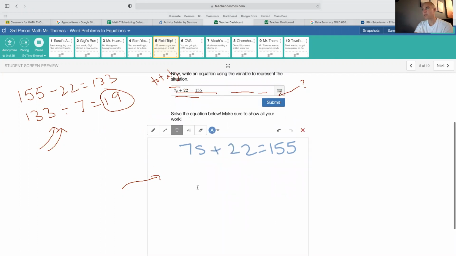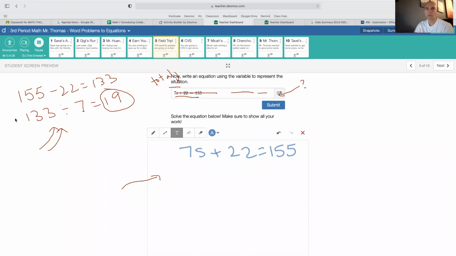All right, and so to solve this equation, I'm going to do the same steps I did over here in my original solution strategy. I need to subtract that 22. We've been working on this in class for a while, whether you're in my class or Mr. Wong's class. So hopefully you're getting pretty good at this. I'm not going to explain the solving of the equations too much. I'm going to focus on talking about how to make the equations from the word problems, because that's what this assignment's about.